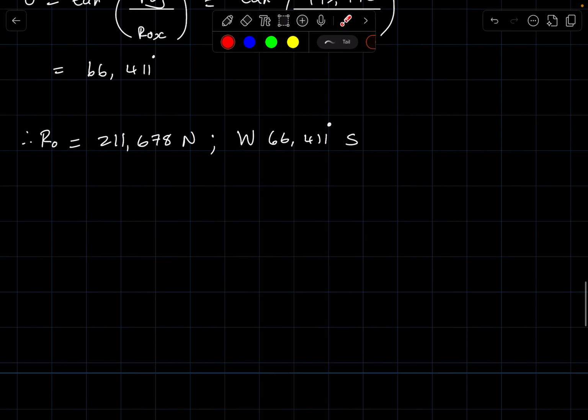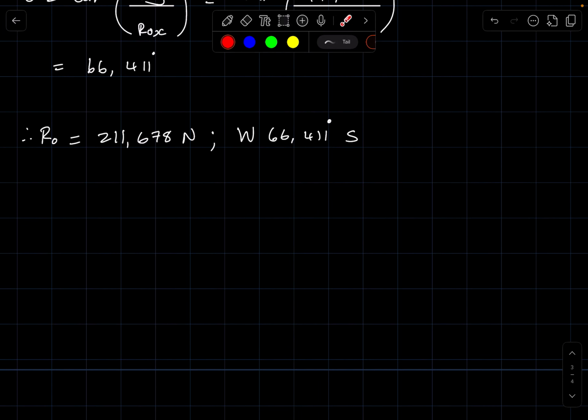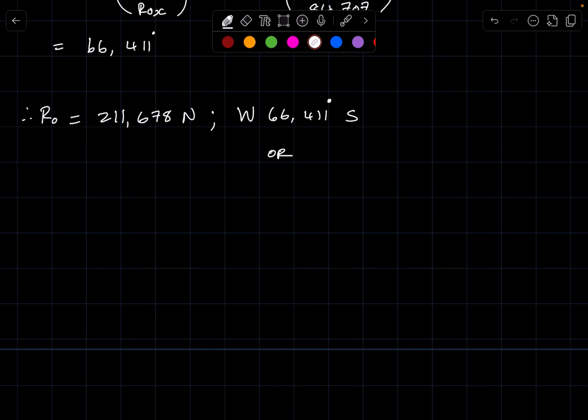Now, had you referenced your angle from the y-axis, remember, the angle from your y-axis will be 90 minus the 66.411. So you would have gotten 211,678 newtons, and then 90 minus this gives you the angle referenced from the y-axis.